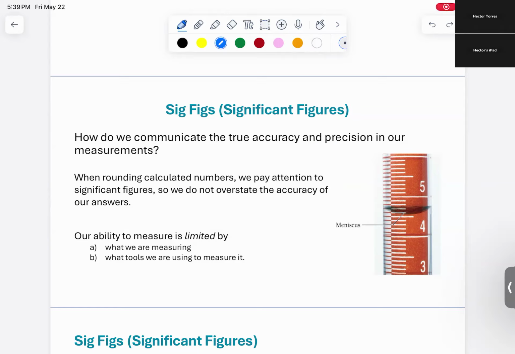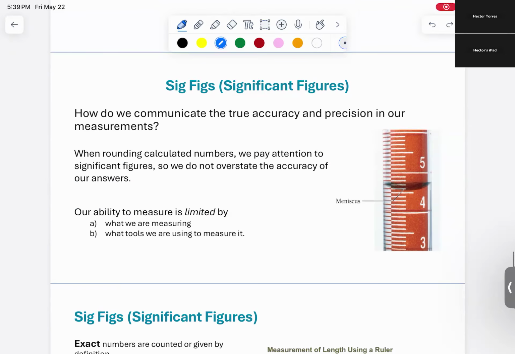But if I told you this is 1.00 meters, then that's a lot more accurate. That tells you this is a lot closer to exactly 1 meter. So we've made significant figures to be able to know when to round and how accurate we can say an answer is.